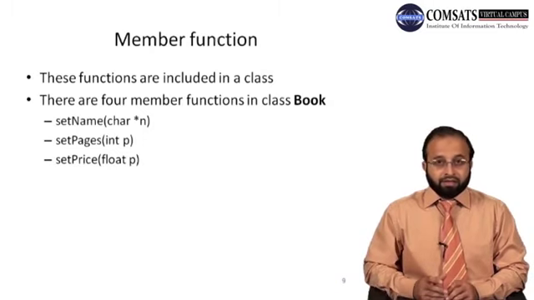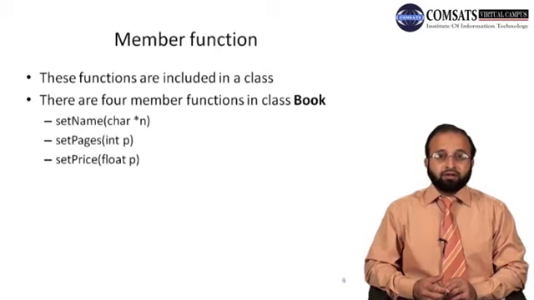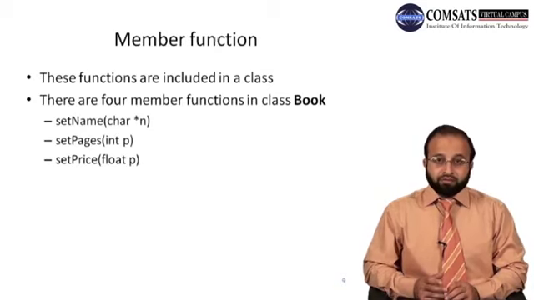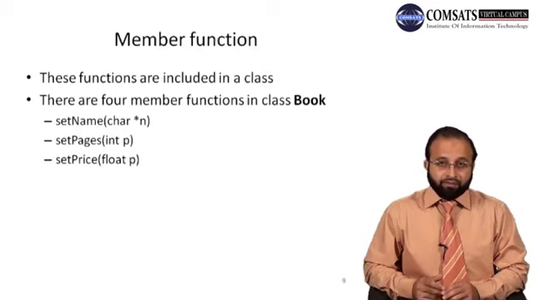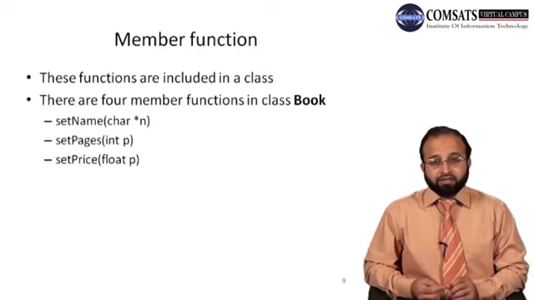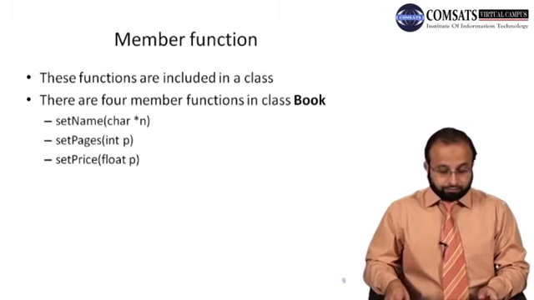So set name will set the name value of the object of that class. Set pages will set the pages value, and set price will set the price value of the object of that class.